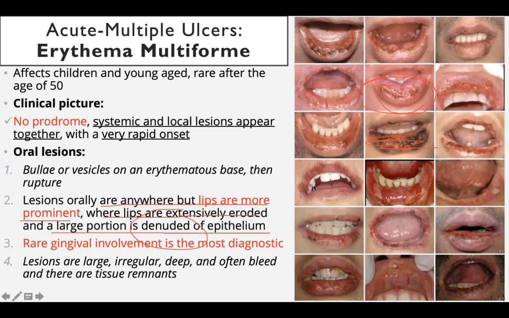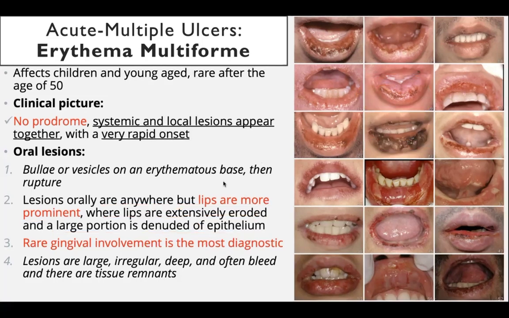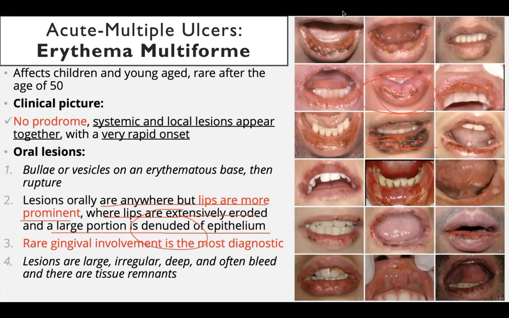Whereas rapid onset, no prodrome, especially in children and young age. What else? Rare gingival involvement. We had gingival involvement in primary herpetic gingivostomatitis, herpes simplex, and that was the first of the acute multiple ulcers.